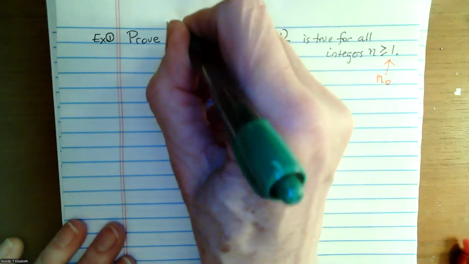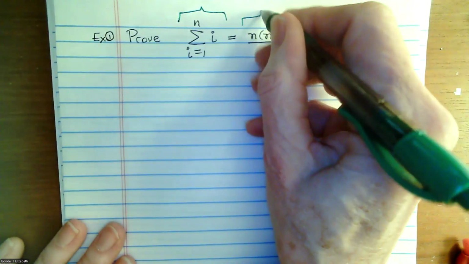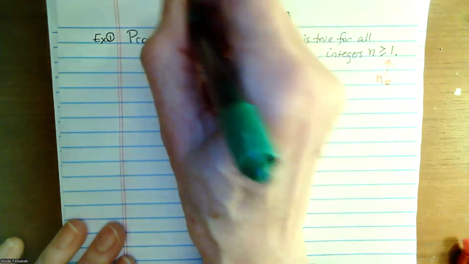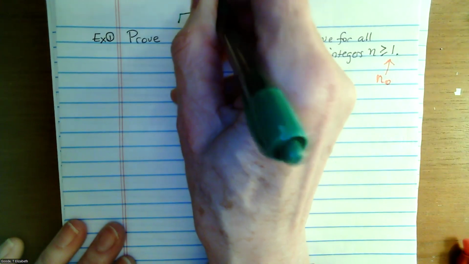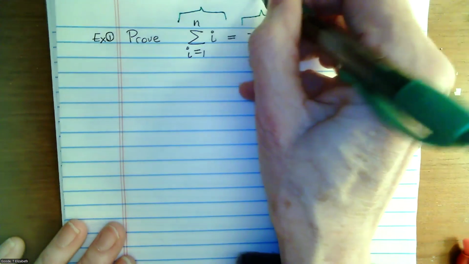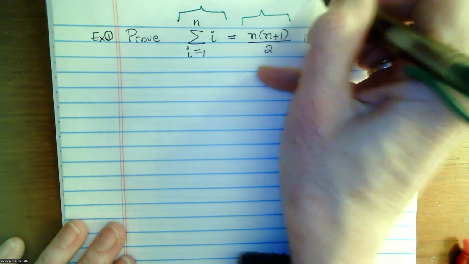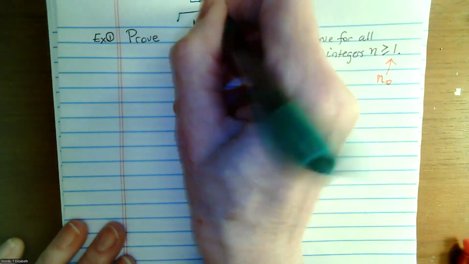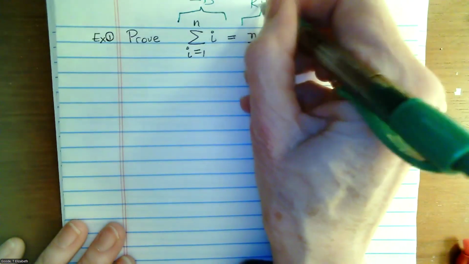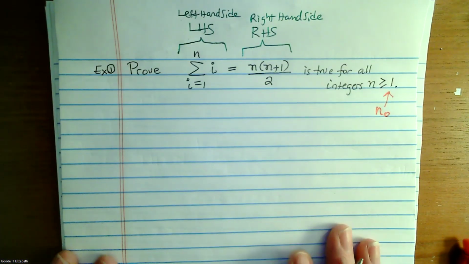And an equation has a left-hand side and it has a right-hand side. We'll call them LHS and RHS for obvious reasons.